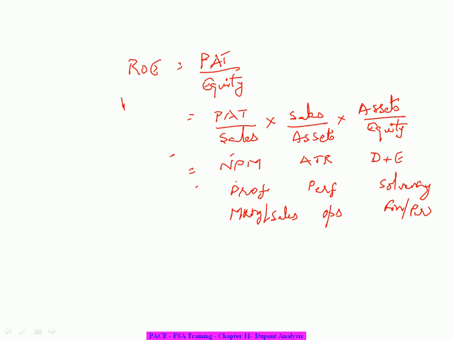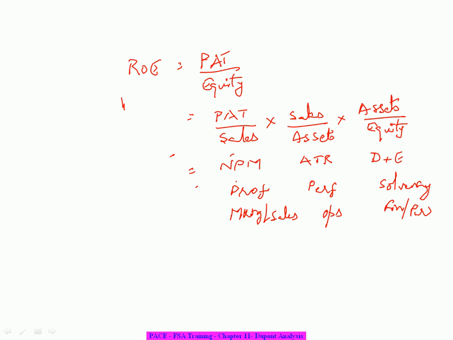So instead of just comparing the ROE of all the competitors, I compare it one level down: the NPM of all the competitors, the asset turnover ratio of all the competitors, and the assets by equity ratio of all the competitors. If this company is better than the competitors in all three, then I can confidently say that the ROE cannot grow beyond this point, and the company is doing excellently.